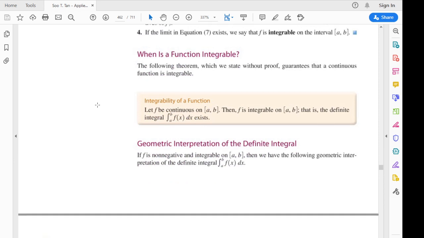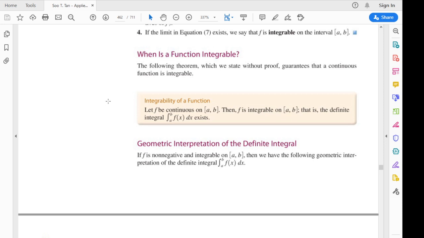We need to worry a little bit about when a function's integrable, but that's also like worrying about when a function's differentiable. A function is going to be integrable on its domain. It has to be continuous. Most functions are continuous on their domain with very few exceptions.